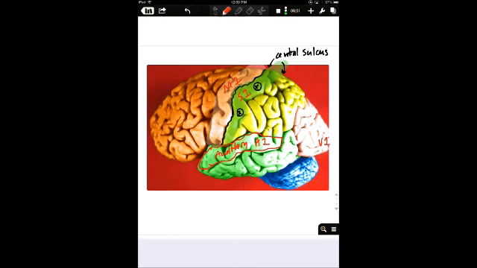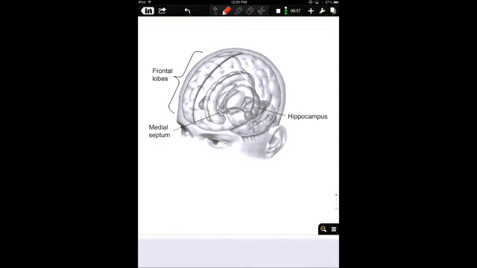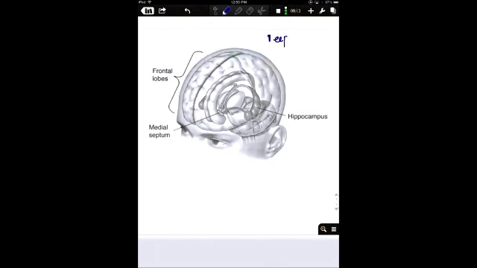Now, maybe I mentioned earlier that there are some deep nuclei in the brain, and it's good to know what they do. So the deep nuclei, and if you remember, they are referred to as the basal ganglia, and they're very important in terms of coordination of movement and that sort of thing. So actually, now I will shade these a bunch of different colors.